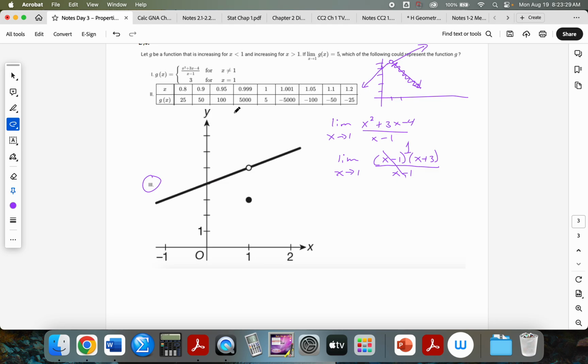All right, let's take a look at this. We have a function that, is it increasing as we approach 1? Yeah. Is it increasing after we leave 1? We're like, well, it suddenly is down at negative 5,000. That's all right. We just want it to be increasing after that, and it is. Is the limit as x goes to 1, 5?